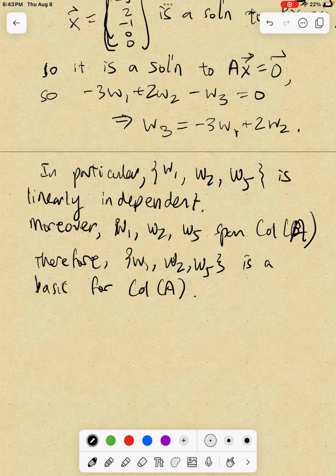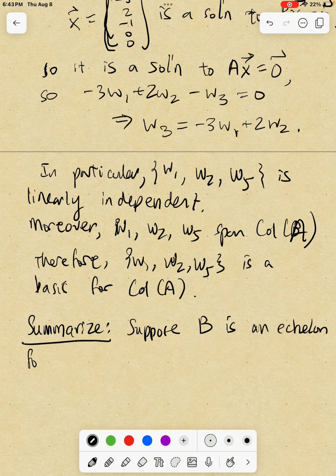Alright, so I know that there's a lot to take in, and it would be a good idea for you to do some examples on your own. So let's just summarize, to make sure we understand the bottom line. Suppose that B is an echelon form of A. It doesn't have to be the reduced row echelon form.